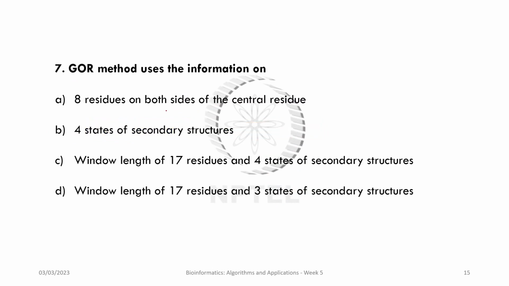Question 7. The GOR method uses the information on: option A, 8 residues on both sides of the central residue; option B, 4 states of secondary structure; option C, window length of 17 residues and 4 states of secondary structure; and option D, window length of 17 residues and 3 states of secondary structure.